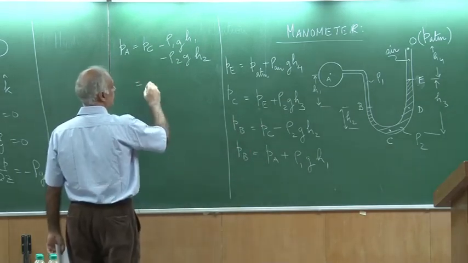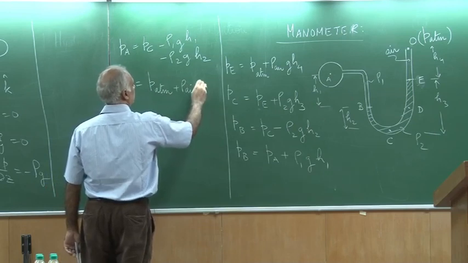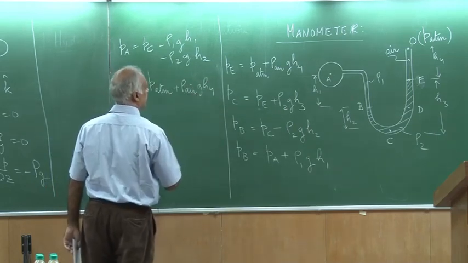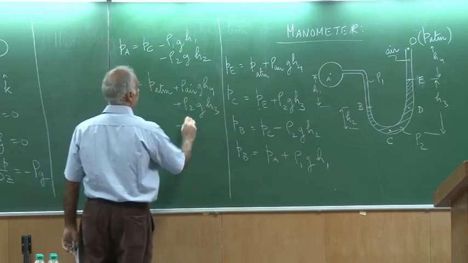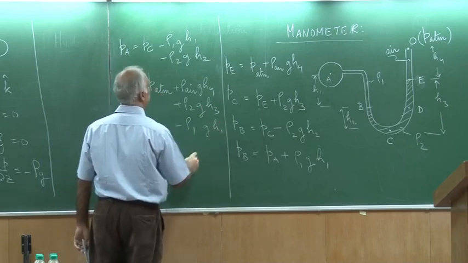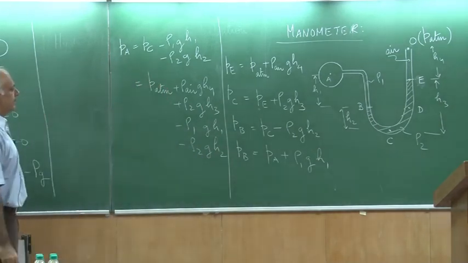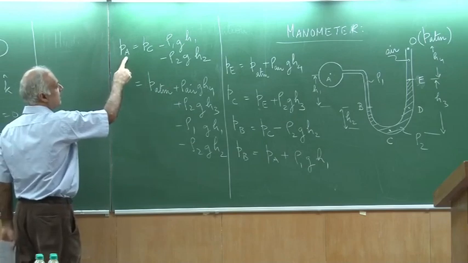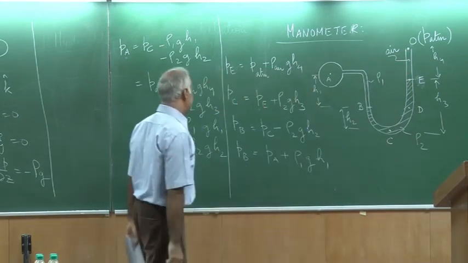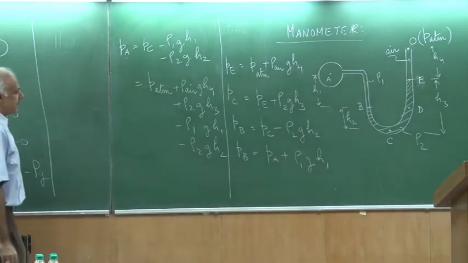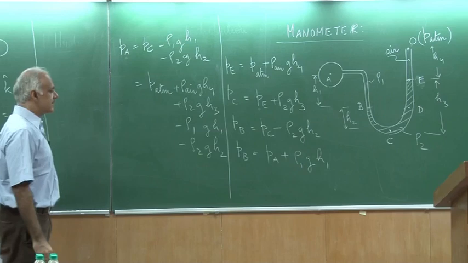That is going to be equal to P atmosphere plus rho air G H4 plus rho 2 G H3 minus rho 1 G H1 minus rho 2 G H2. So, this is the relationship between the pressure inside the bulb A and the atmospheric pressure. If I knew the densities of these different fluids, then I should be able to calculate this.